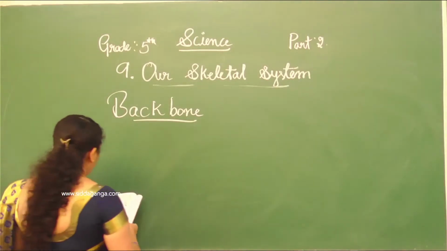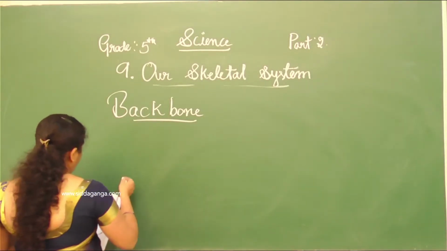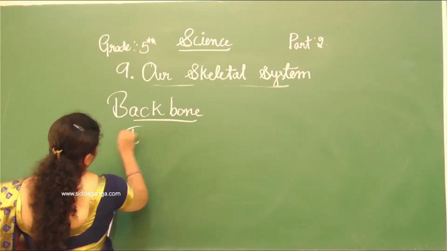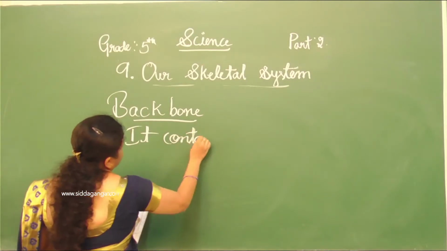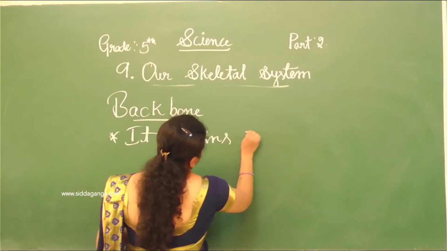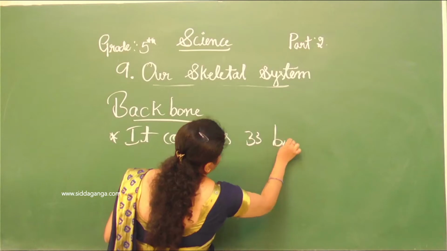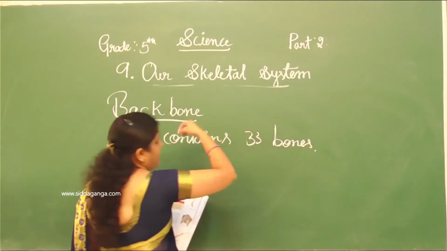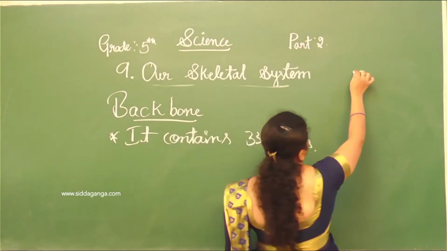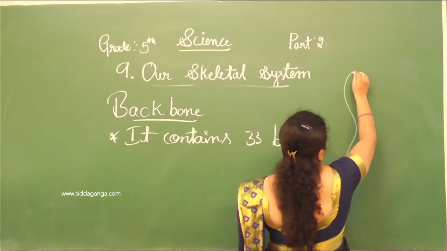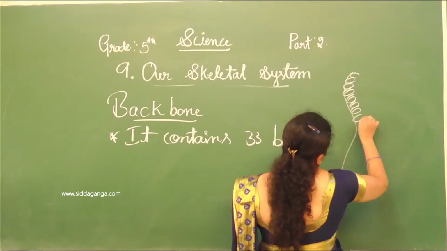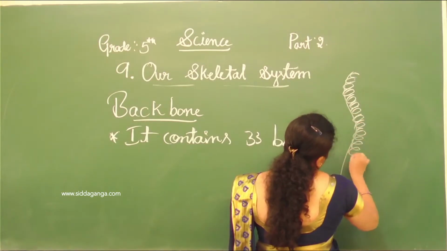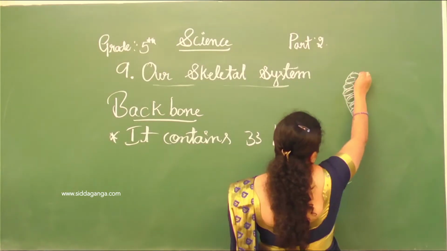So ನಮ್ಮ backbone, it contains how many bones? 33 bones. ನಮ್ಮ backbone 33 bones ಇಂದ ಮಾಡಲ್ಪಟ್ಟಿದೆ.